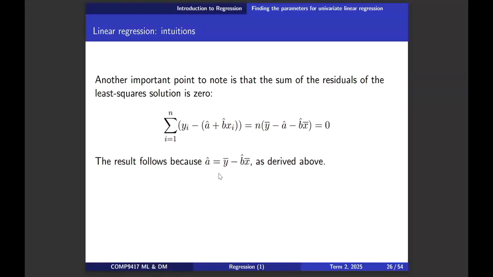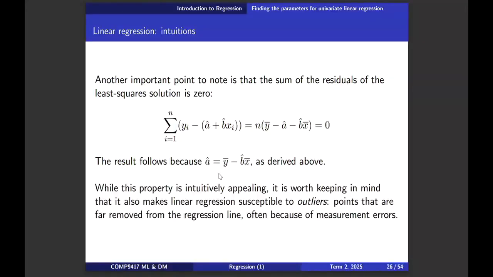So that has a practical implication. You can think of it as a constraint, right? You're trying to find a line, and you're applying the MSE loss, and you're forcing the line to have these properties.